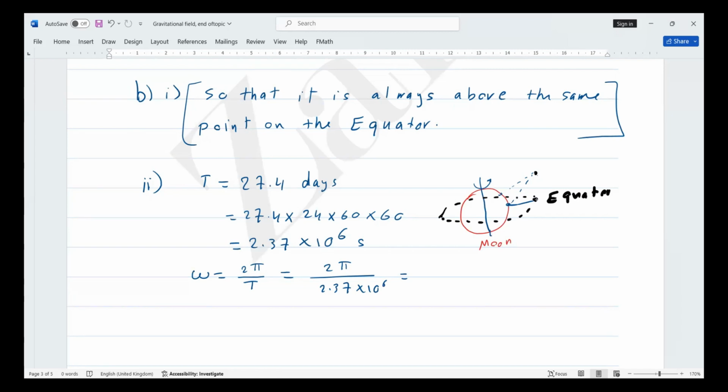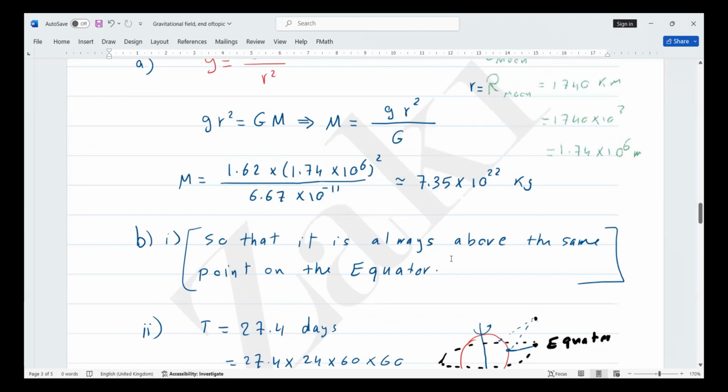It will be 2.65 multiplied by 10 to the power -6 radians per second. This is omega.